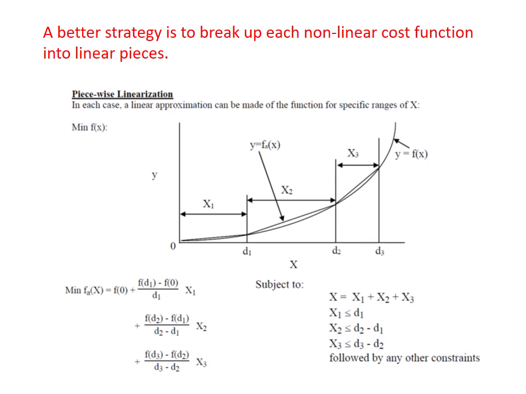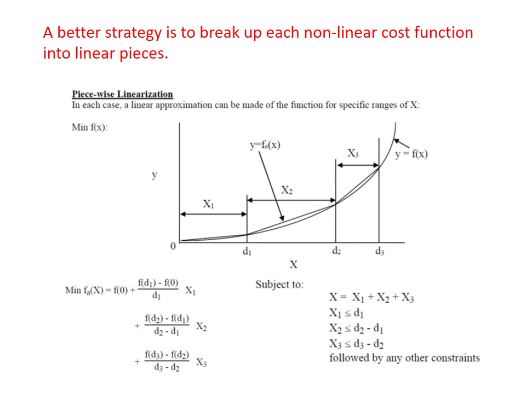And so what you can tell is the slope of each of these lines, of the linear approximations in each interval, is increasing, right? So it costs you less to produce between 0 and D1, it costs you more to produce between D1 and D2, and it costs you even more than that to produce between D2 and D3.